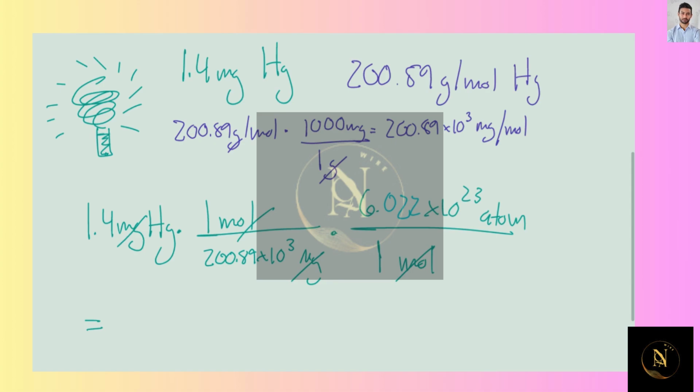It's going to be 1.4 divided by 200.89 times 10 to the third, times 6.022 times 10 to the 23rd, and we get 4.197, or we should say 4.1967 times 10 to the 18th atoms of mercury. Okay, so now we know how many atoms of mercury we have.